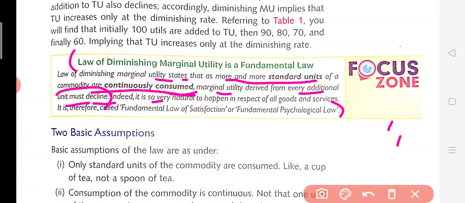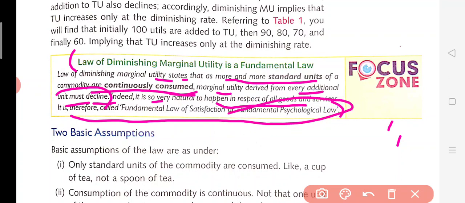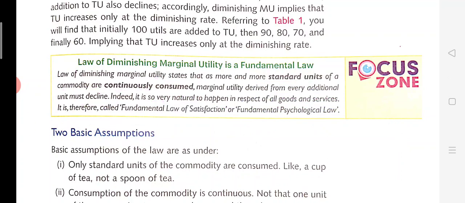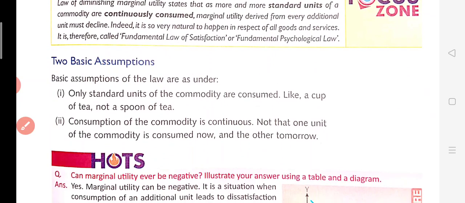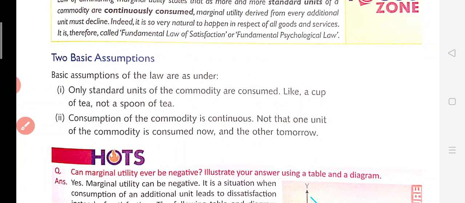Indeed, it is very natural to happen in respect of all goods and services. It is therefore called the fundamental law of satisfaction or psychological law. It depends on the mentality of a person. Earlier I gave one example also, in the case of cigarettes.